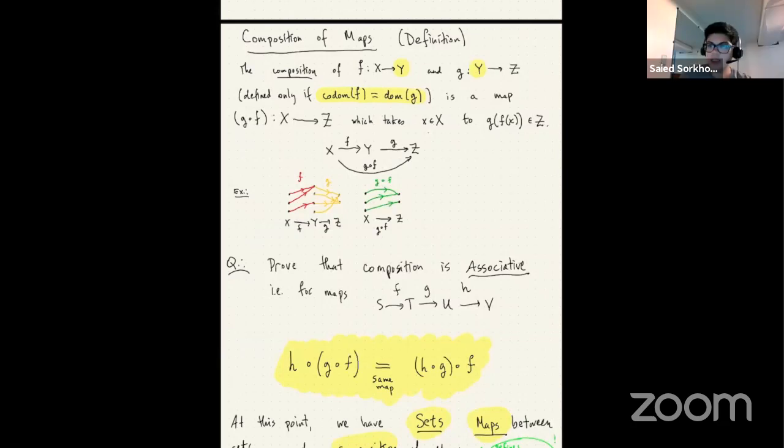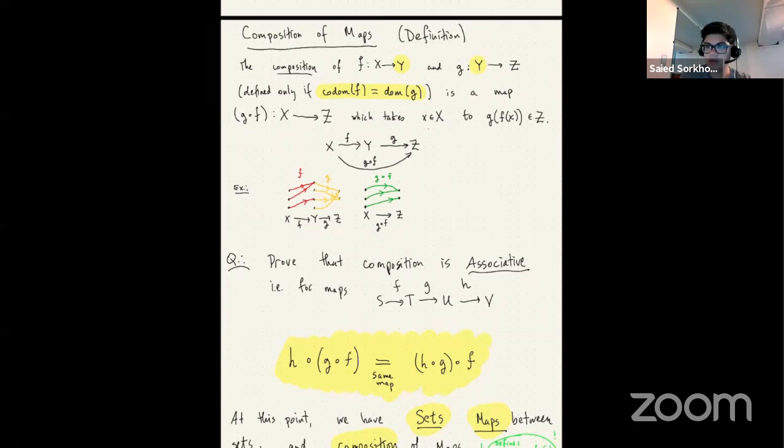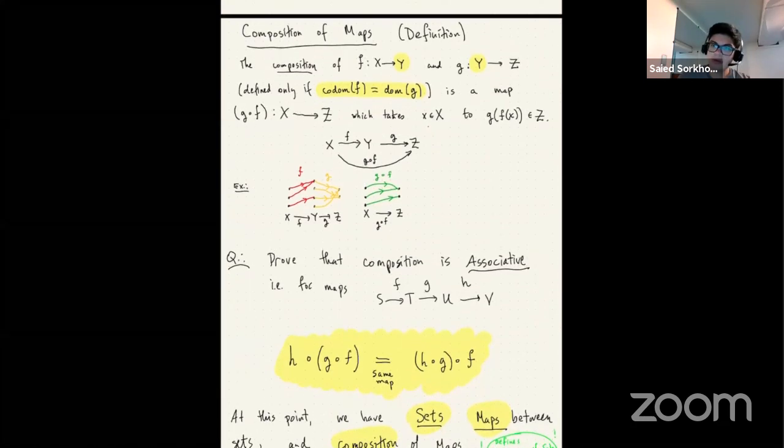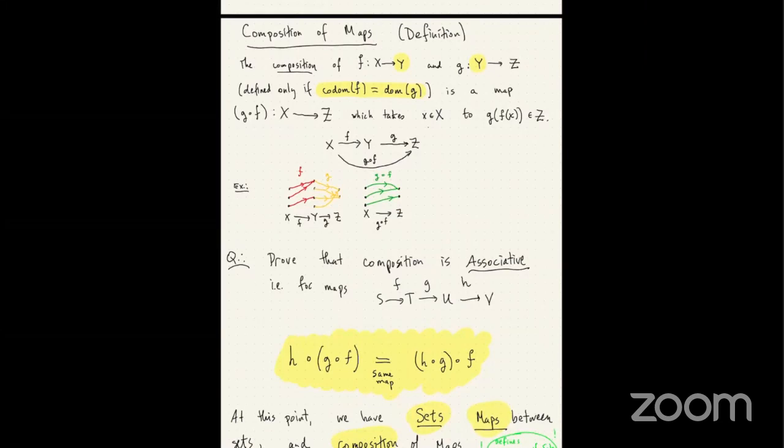All right, so Yuchi has a question. Go ahead. Yes, I want to ask if there is a map from a set X to a set Y, do all elements in X have a map to elements in Y?